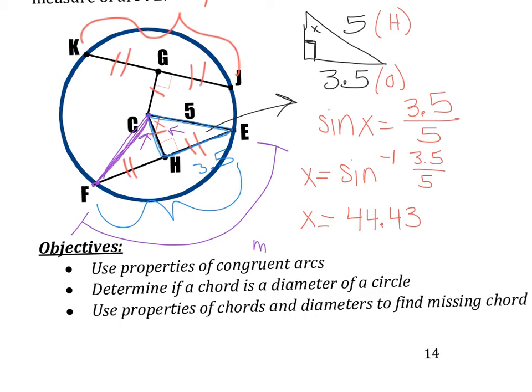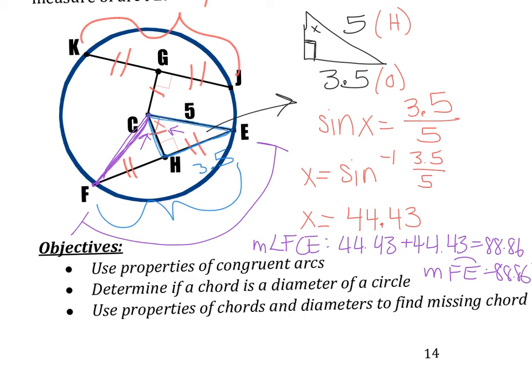So the measure of angle FCE is 44.43 plus 44.43, which is 88.86. Keep in mind from yesterday's section that the central angle and the arc that it intercepts have the same measure, so the measure of arc FE is 88.86 degrees.